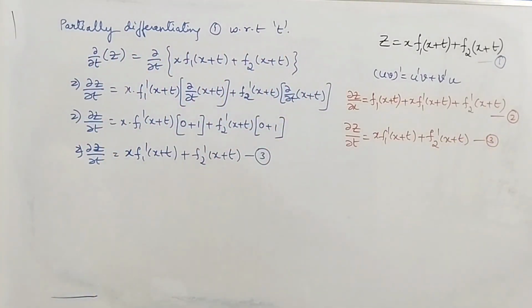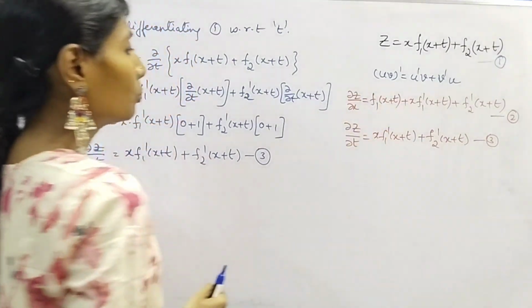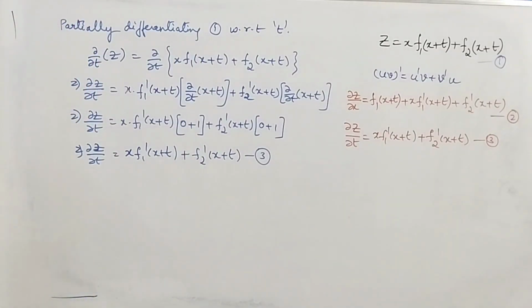Now let's find the second derivative. We'll just apply dou by dou x on both sides of 2, or we'll partially differentiate 2 with respect to x here.